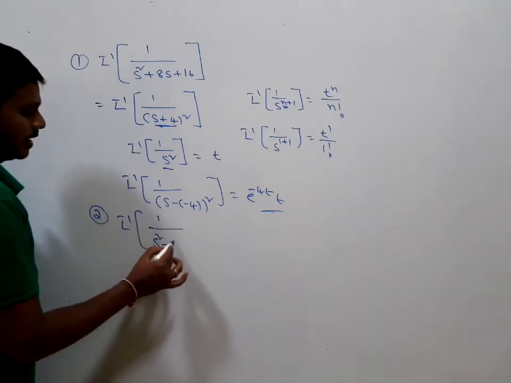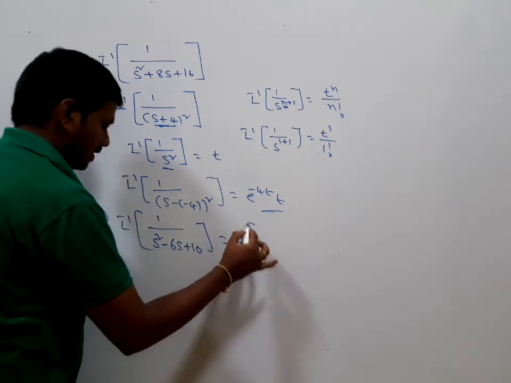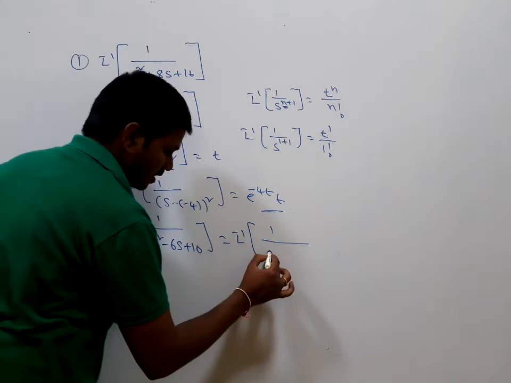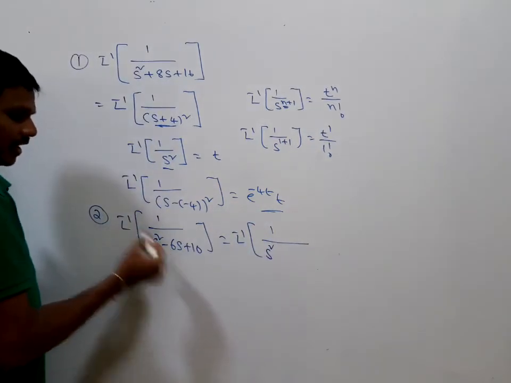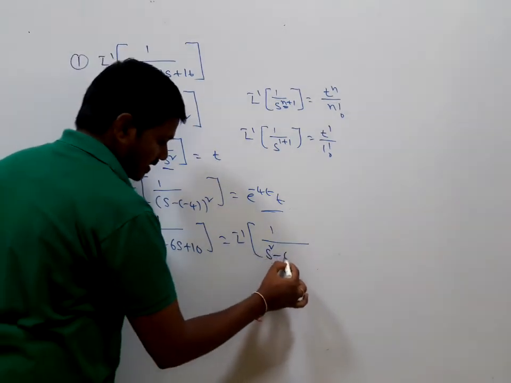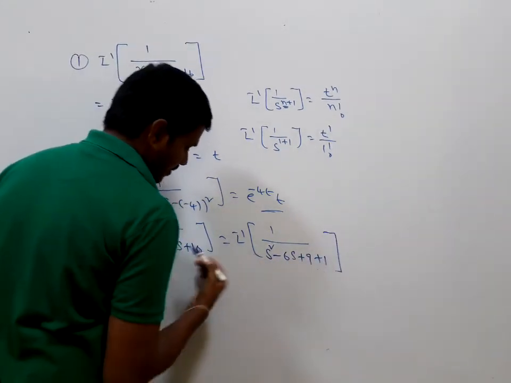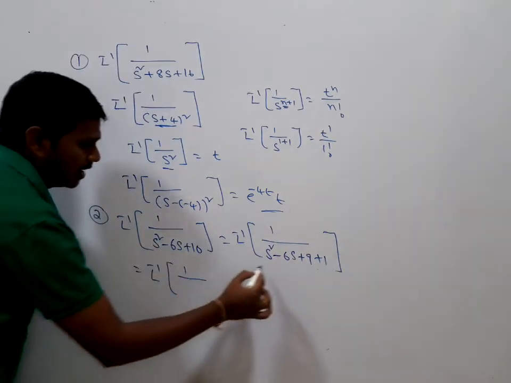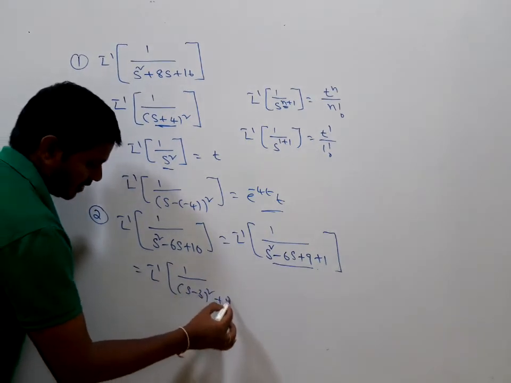This can be written as L inverse of 1 divided by s square, just on inspecting the given denominator, minus 6s plus 9 plus 1. 10 can be written as 9 plus 1, no? Which is L inverse of 1 divided by s minus 3 whole square plus 1 square.